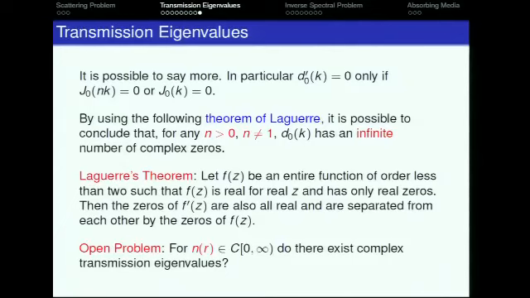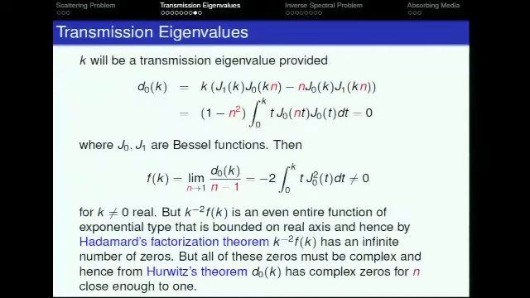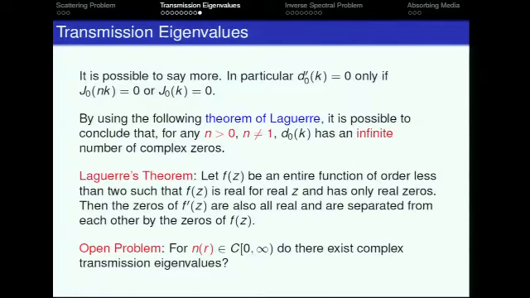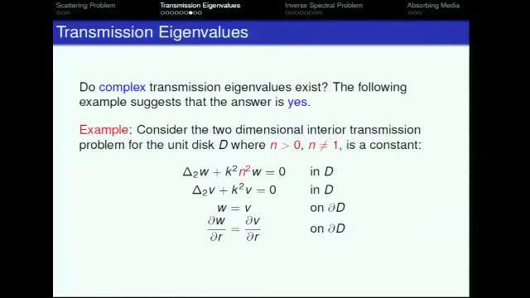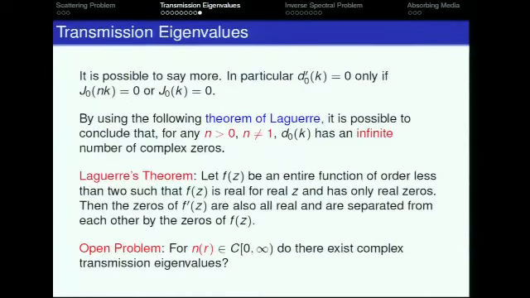In particular, one can see from that formula I just gave you, which is true for any constant n, that d0 of k equals 0 only if J0 of nk equals 0 or J0 of k equals 0.